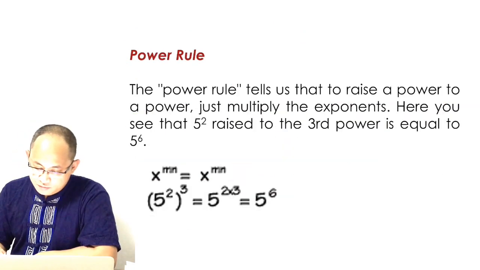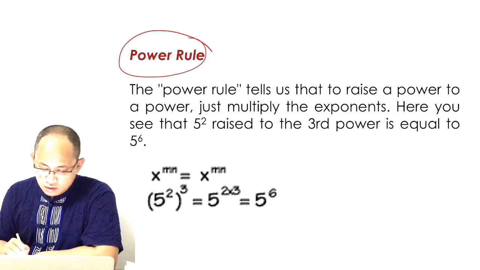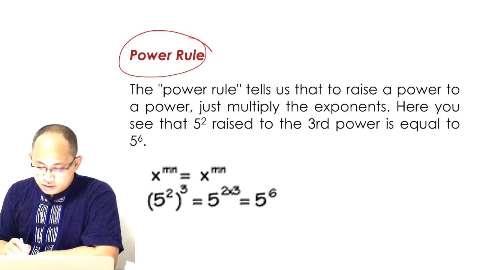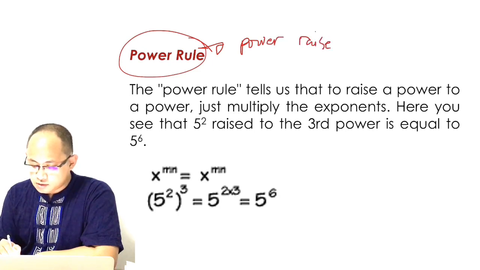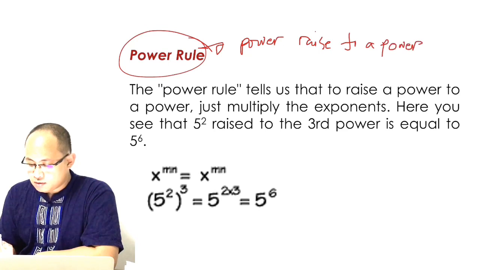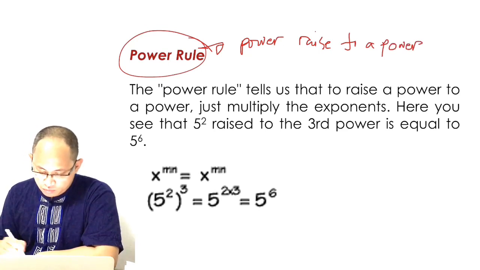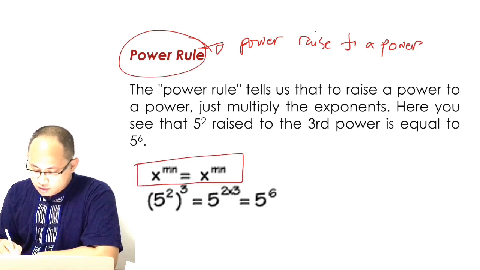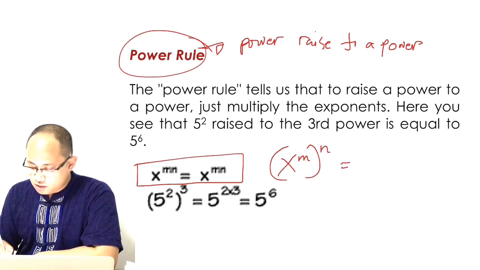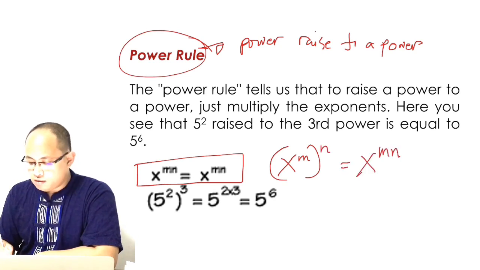Third, we have the power rule: a power raised to a power. For example, this is the pattern: x to the m, raised to n, gives you x to the m times n.